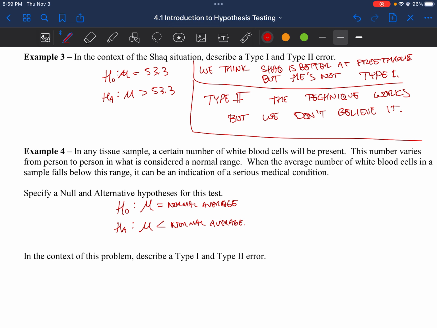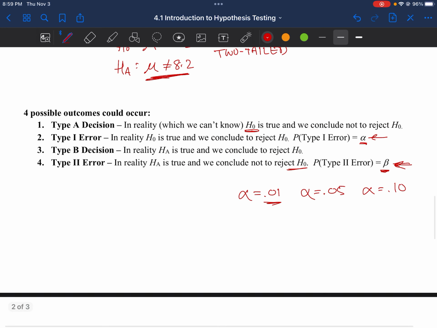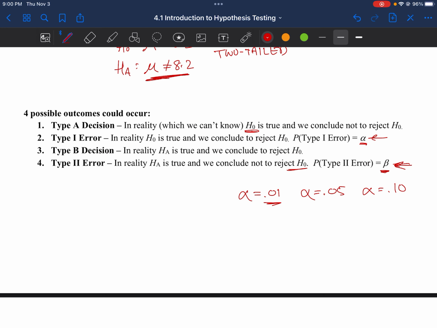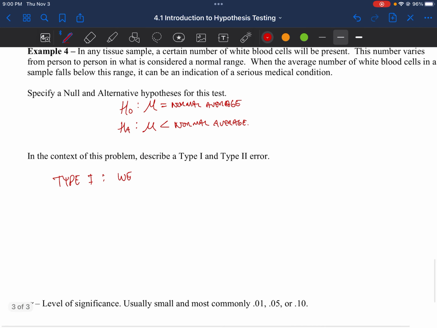Now, in the context of this problem, a type 1 and a type 2 error, this is a little bit more serious, okay? A type 1 error would be that we say, so typically, again, the type 1 error is that the null hypothesis is true. Oh, actually, I guess we're okay here.